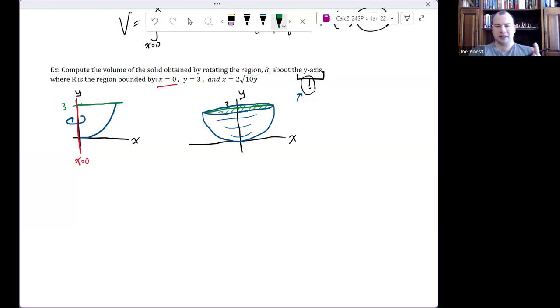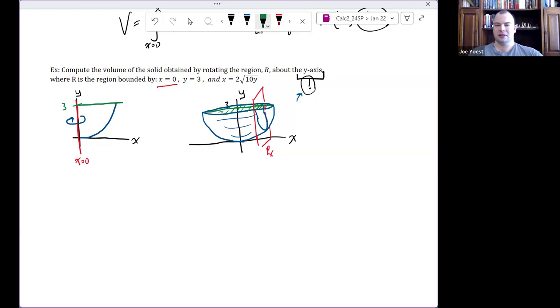Now, if I take a plane P_x, if I insist on using P_x for my plane, my cross-sectional area looks complicated. It's something that looks a bit like a parabola with a flat top.